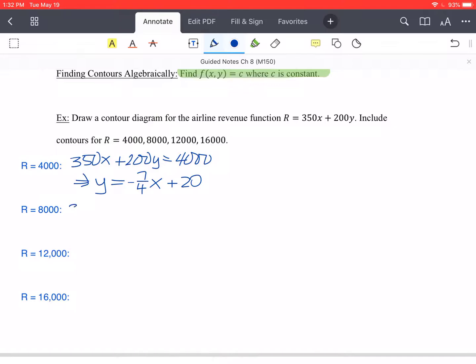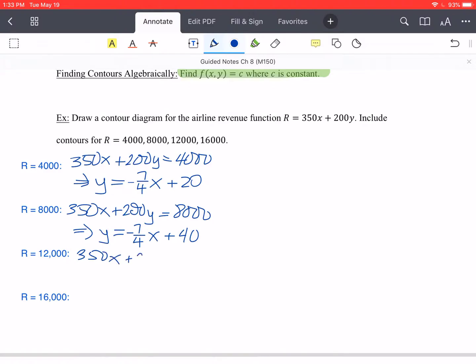And then we just keep doing that same thing. So 350x plus 200y equals 8,000. Subtract the 350x over, divide by the 200. We get y equals negative 7/4 x plus 40.